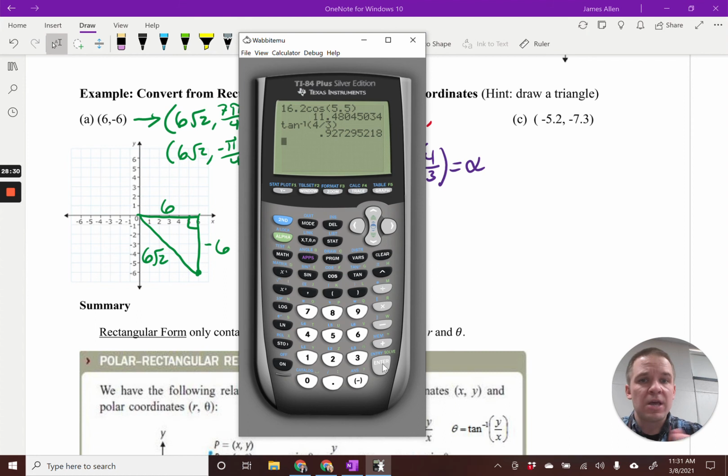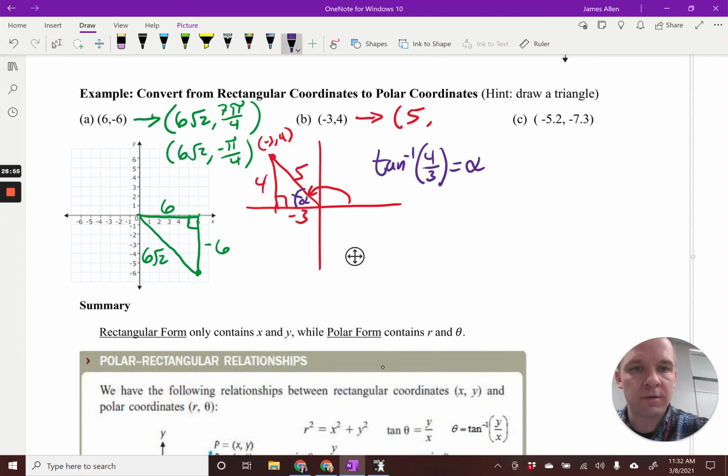What are my radians getting over to that positive x-axis there? Or sorry, the negative x-axis? That would be pi. So if I did pi and subtracted that 0.927, and I believe I could just go second ANS, I'd get 2.214 for my theta angle.